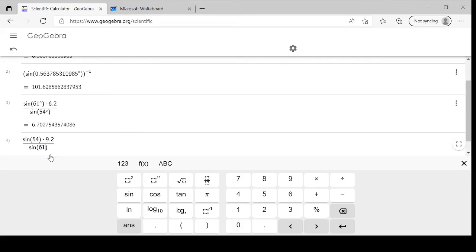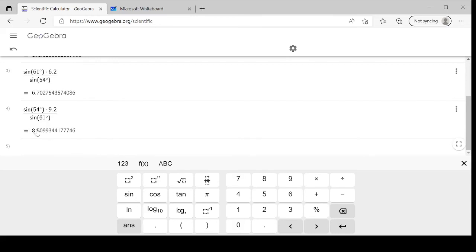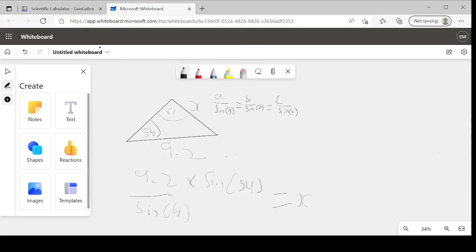So let's put that in and see what it comes out with. 8.509. If we round that to two decimal places, we get 8.51. So that would be our answer. x is equal to 8.51. And that's all we need to do.